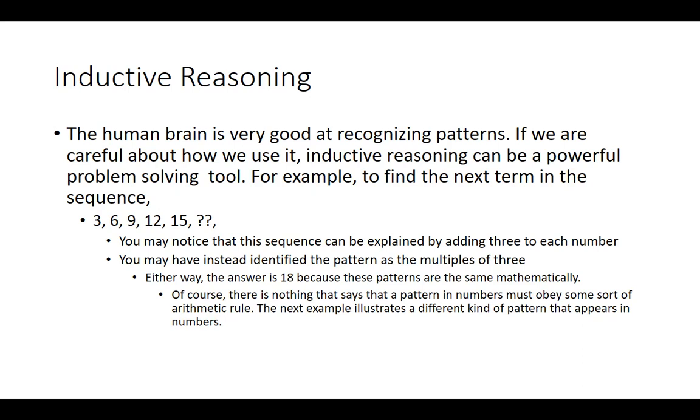Of course, there's nothing that says that a pattern in numbers must obey some sort of arithmetic rule. The next example illustrates a different kind of pattern that appears in numbers.